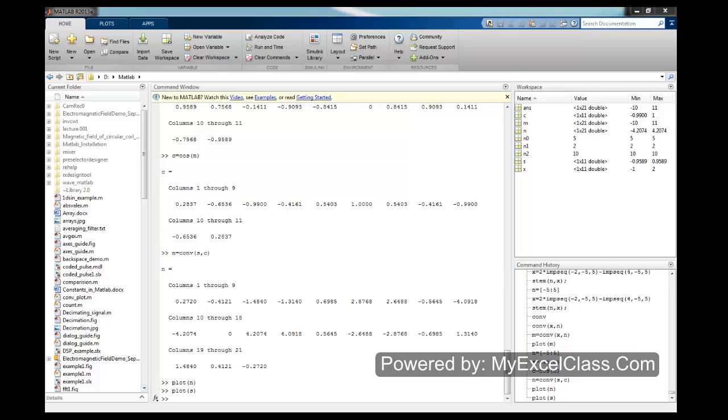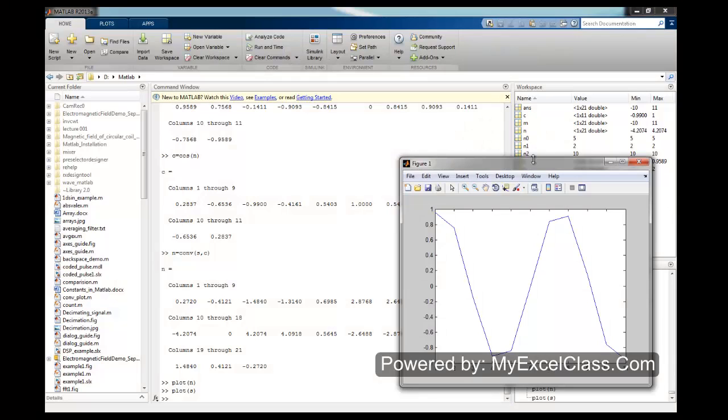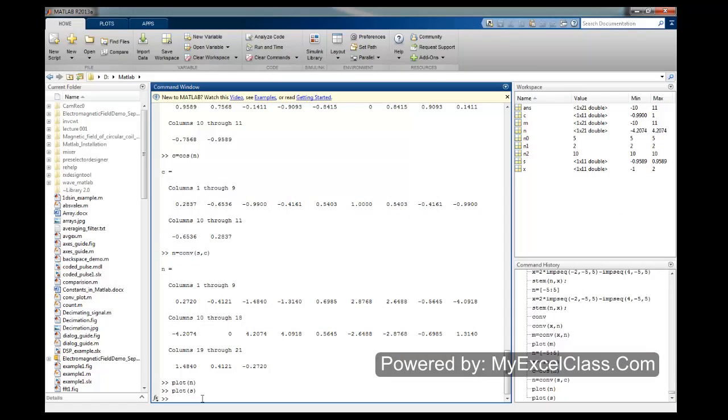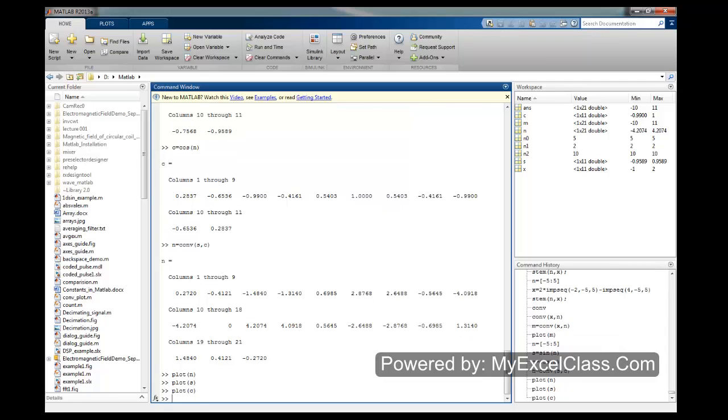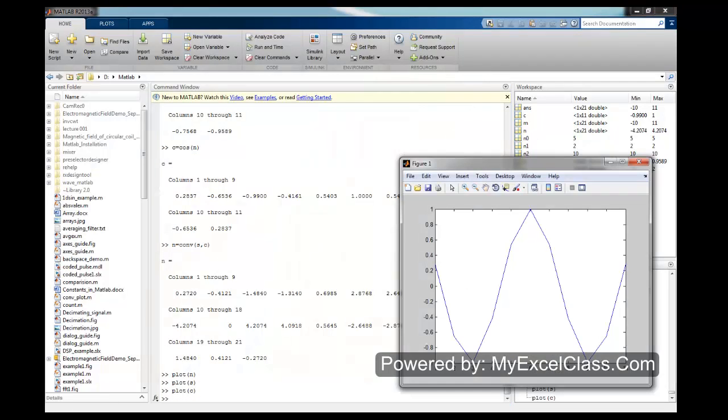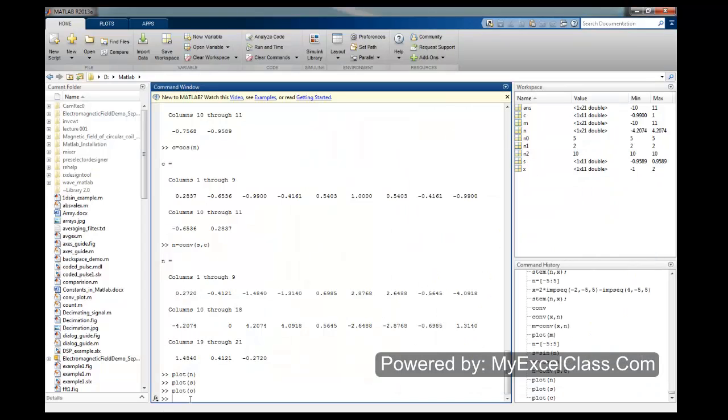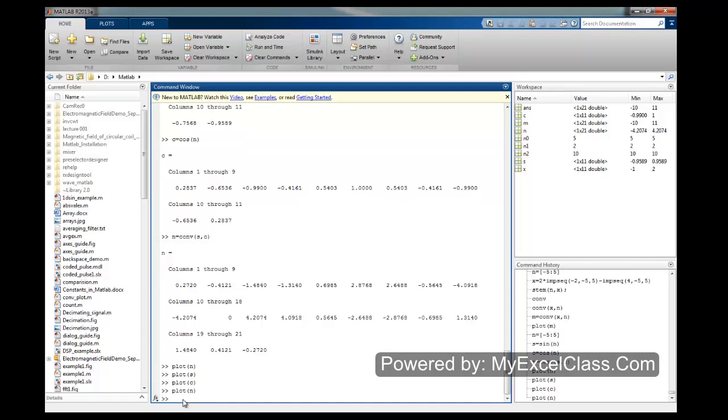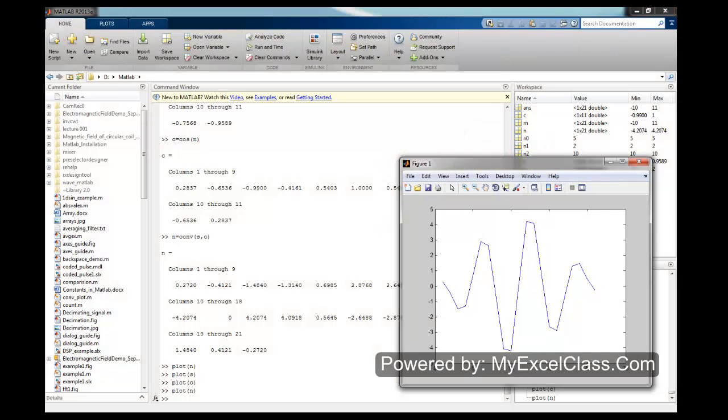So s was a simple sine wave, okay, and cosine, or a simple cosine, and when you convolute both of them together you have n, which we have already plotted, and which is this.